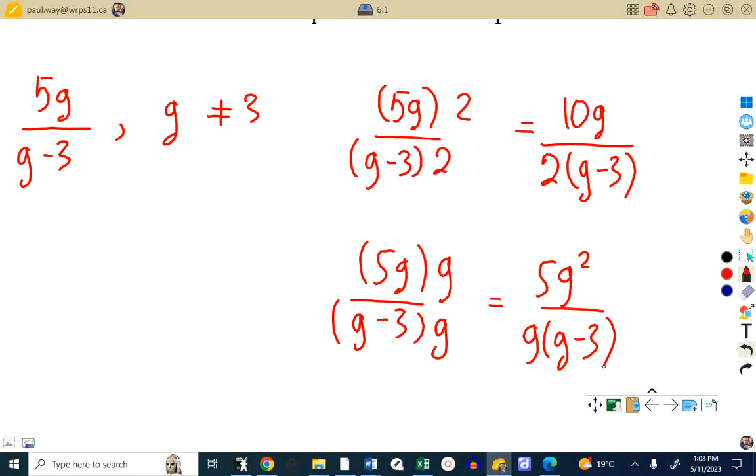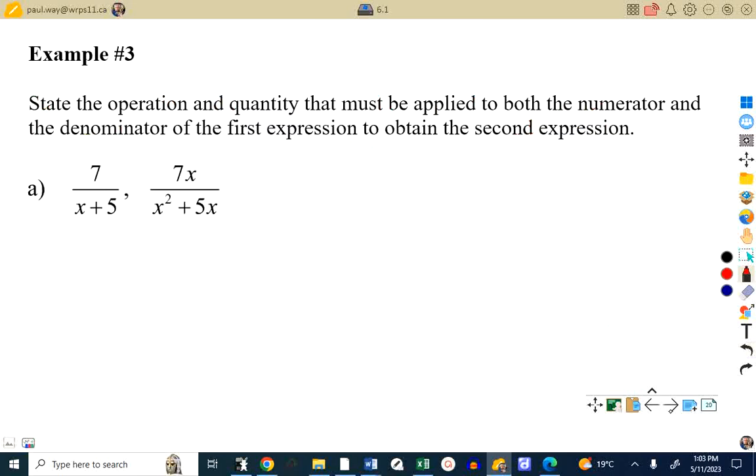You're still with me here? The weird thing is, by multiplying the top and the bottom by g, we've introduced another g in the denominator. We've got a non-permissible value of 0 now for that g. But I wouldn't get hung up on that. That's not important.